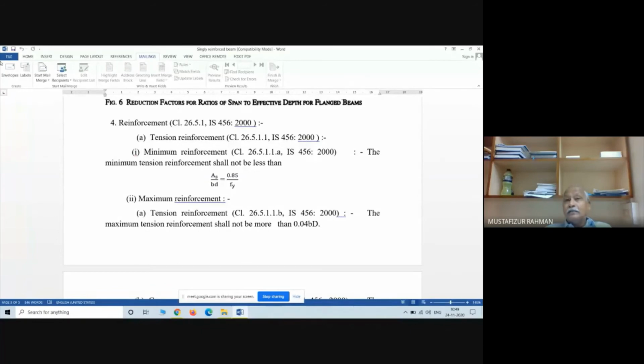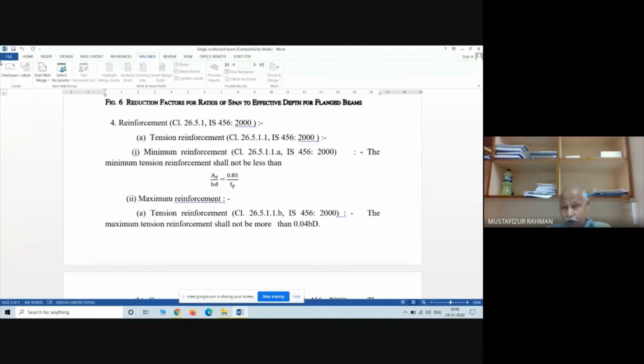Then our next condition came: deflection. At the bottom there is tension. Whatever tension is induced because of the deflection may go beyond the tensile strength of the concrete. Then there will be cracks and finally it will collapse.